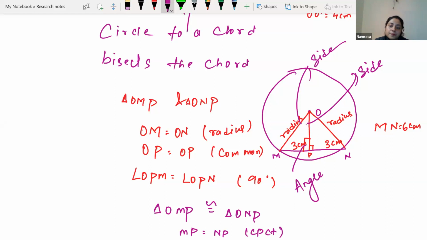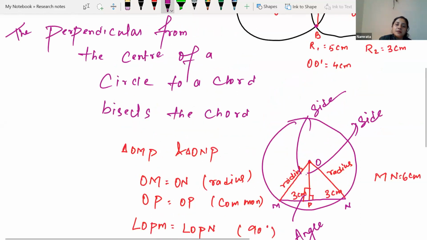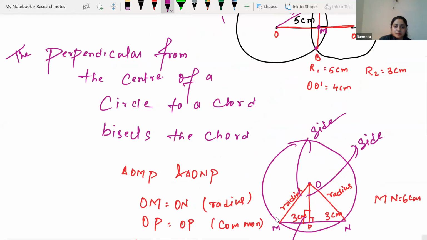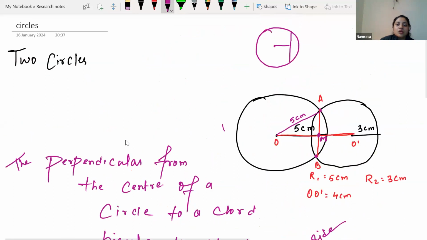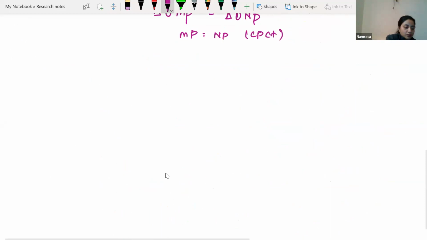Okay. So let's use that. Let me write the question here, so that you will be able to understand what exactly the question is saying and what exactly we have to prove. So here the question says, this theorem is clear to everyone, right? Yes, ma'am.